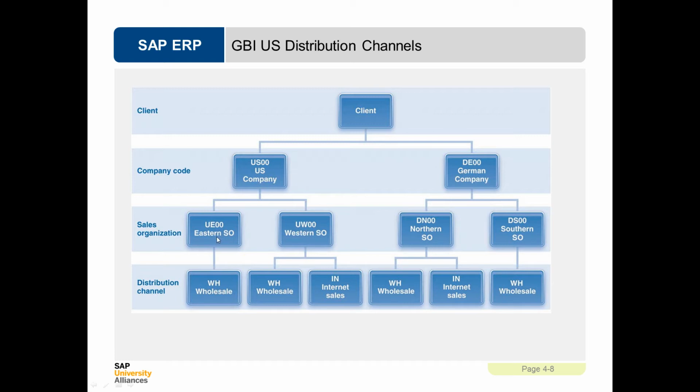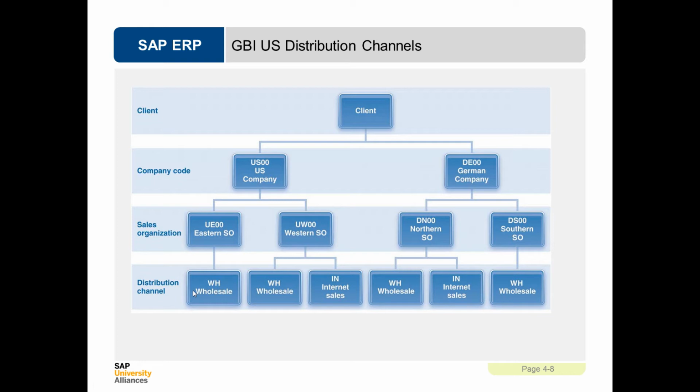So we have an Eastern sales organization and a Western sales organization. Those sales organizations, in turn, have distribution channels for wholesale and internet, both for the US companies and for the German companies.